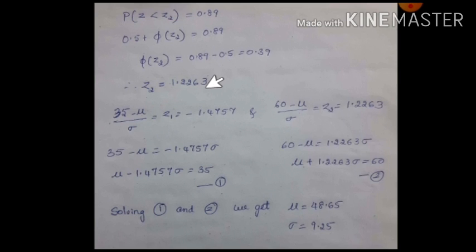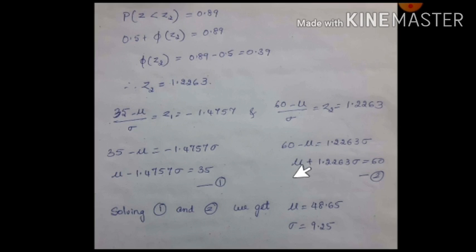Now substitute this Z1 and Z2 in the standard normal variate. Z1 will be for x equal to 35 and Z2 at x equal to 60. Substitute and form the equations, and see that both equations are formed the same way. If the first unknown you have taken is mu, then in the second equation also the first unknown you have to take as mu.